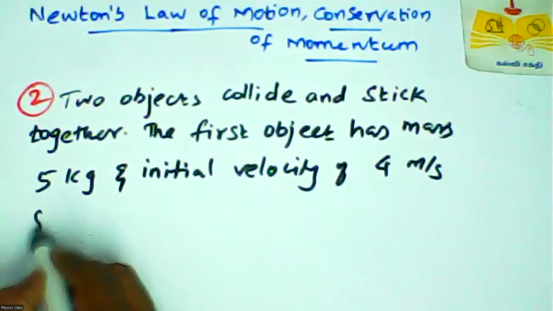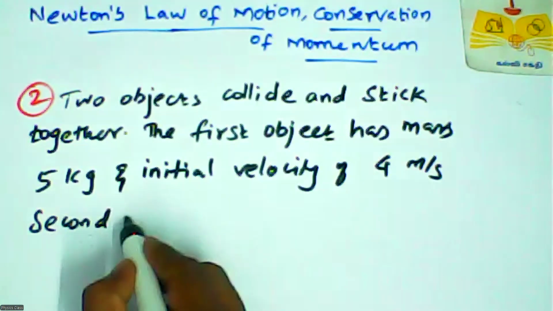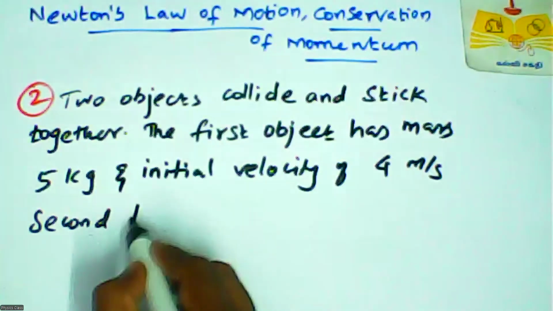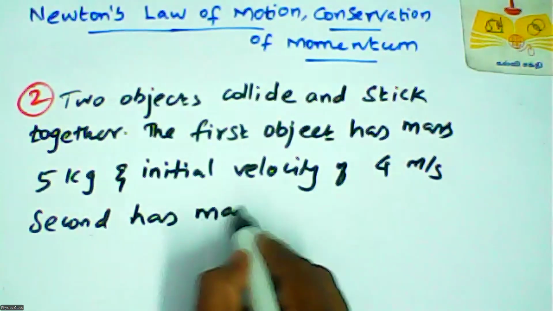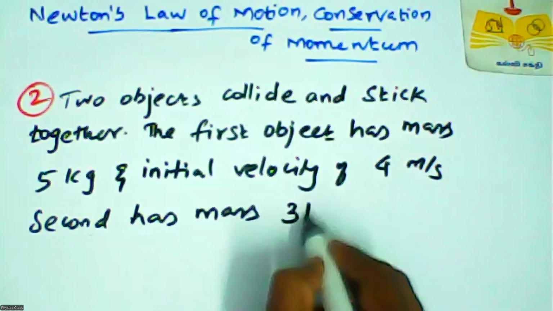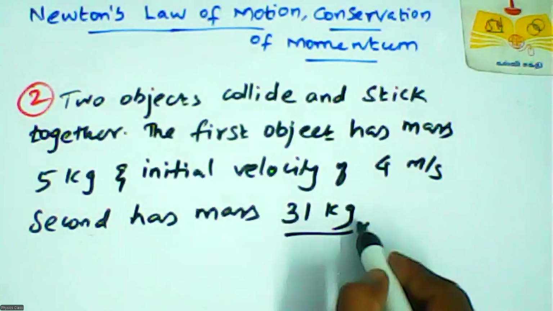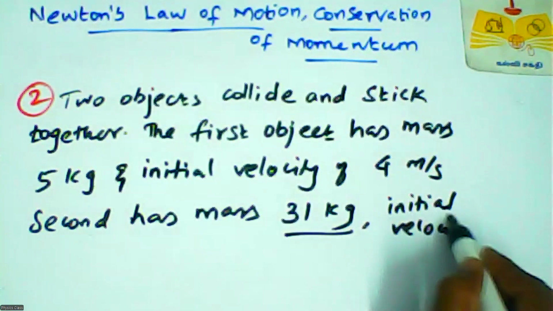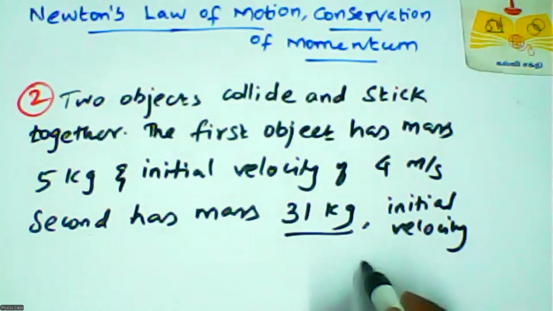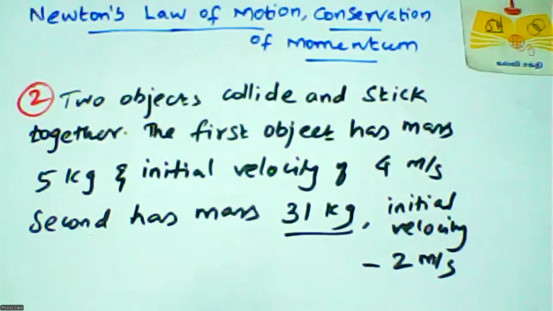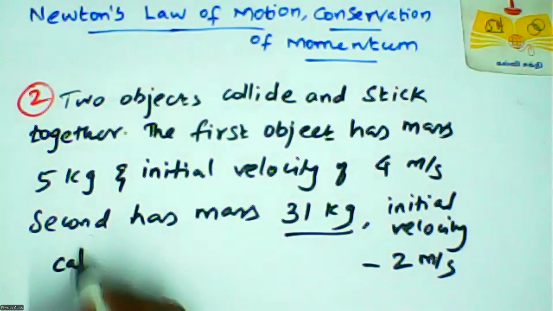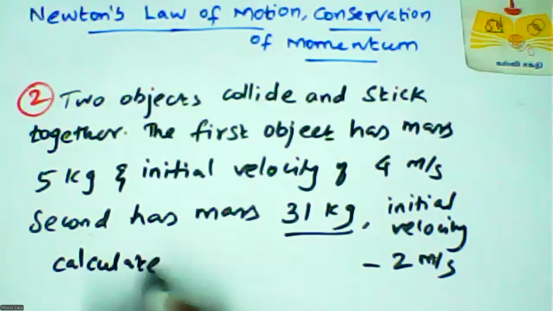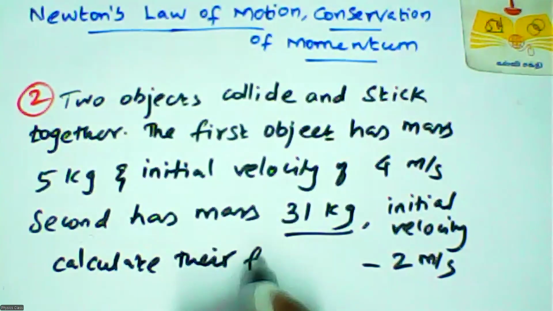For the second object, the second ball has mass 31 kg and initial velocity minus 2 meter per second. Then calculate their final velocity.